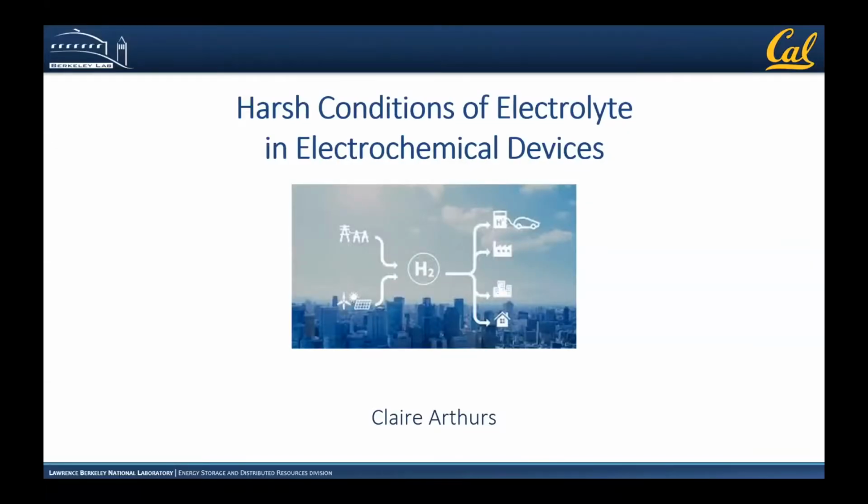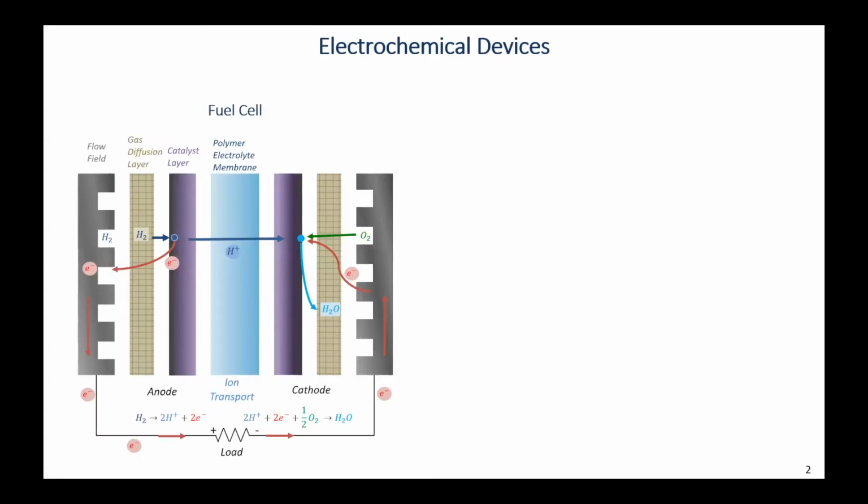Hello, my name is Claire, and I'm going to talk about the electrolyte that's used in electrochemical devices and the harsh conditions that it endures. And these devices, to give some background, can consist of many different forms and are made of many different materials, but ultimately they're a stacked system layered with lots of different parts that perform many different functions.